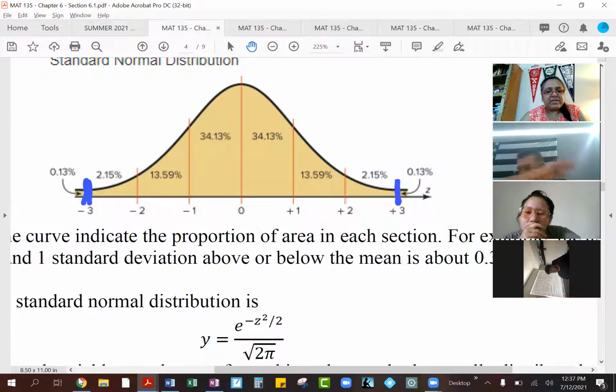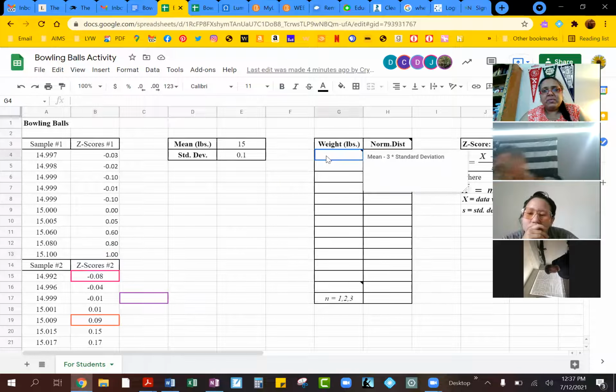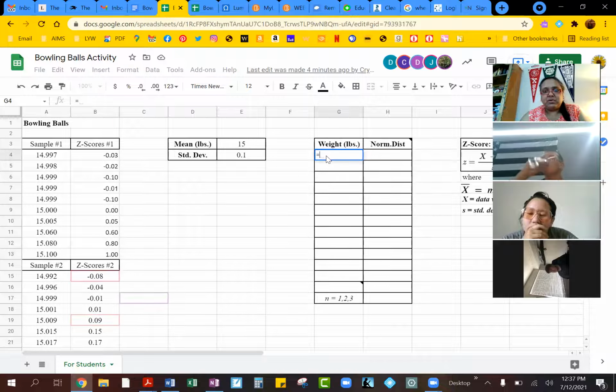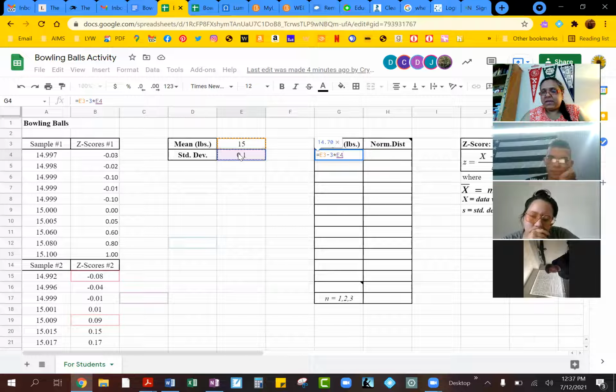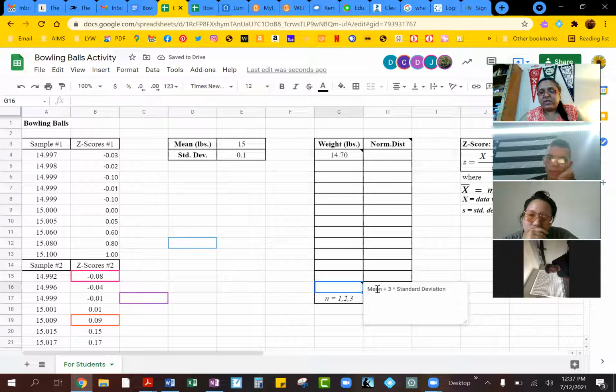So that calculation is where I'm just going to let Google Sheets do the calculation for us. That would be the mean 15 minus 3 times the standard deviation, so that will tell us what the lower limit should be. And I'm going to do the same calculation here, but this is going to be mean plus 3 times the standard deviation, so that will give us the upper limit.